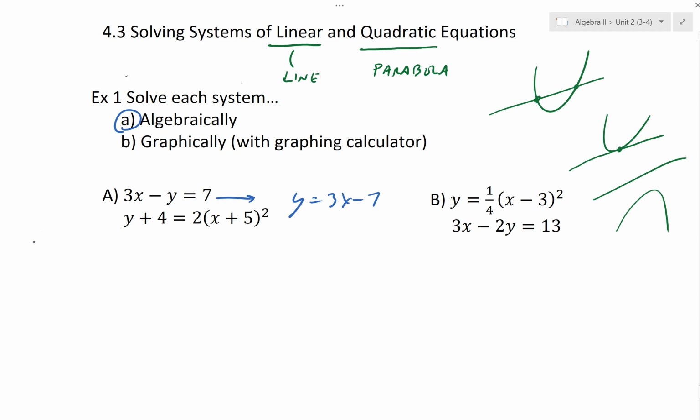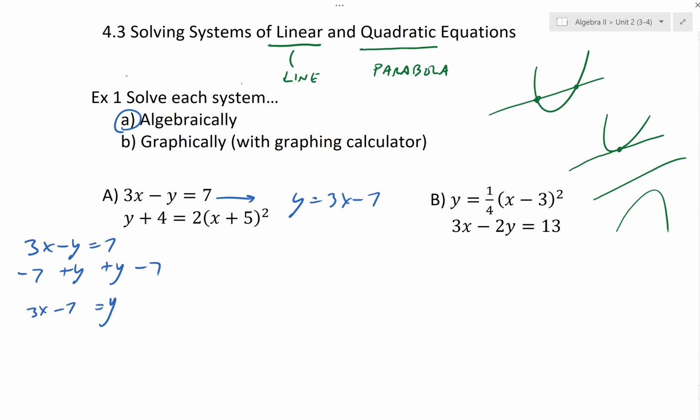That's correct. One way to get that would be to add y to both sides and subtract 7 from both sides. So if I add y to both sides, I have y, and then we are subtracting 7, so that's going to leave us with 3x minus 7. So that is correct. Y equals 3x minus 7.